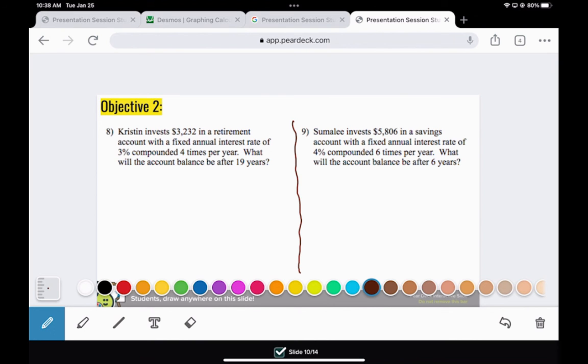This was asking for the account balance after some time, so we know this one would be, okay, number 8. Go ahead and try. I will give you the answer right away, and then you can check and see, okay, I got it, or no, I don't. That's what I have for number 8.